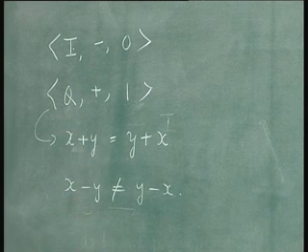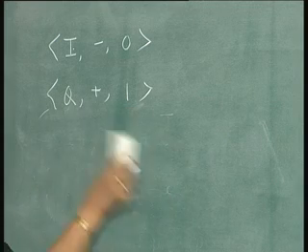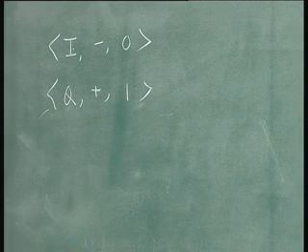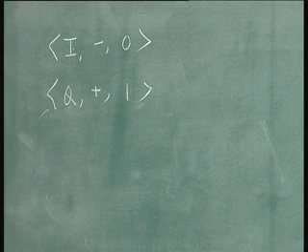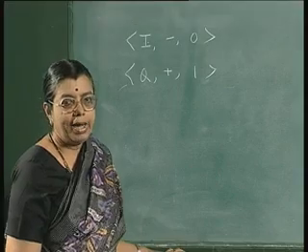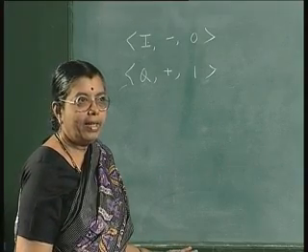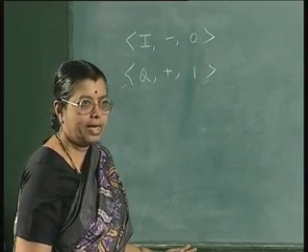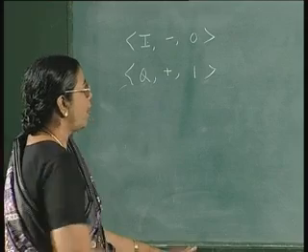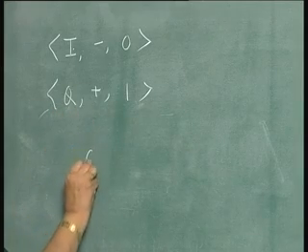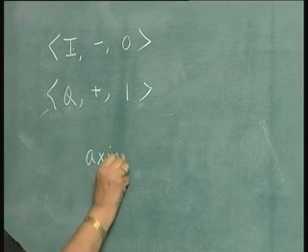So, even though these 2 algebras are of the same species or they have the same signature, there is a difference in them. We want to consider algebras where they have some specific structure, that is, they will all follow some set of rules which are called axioms.